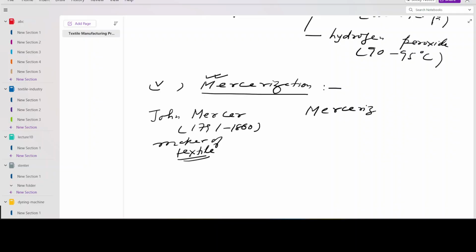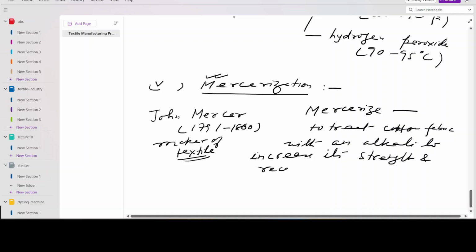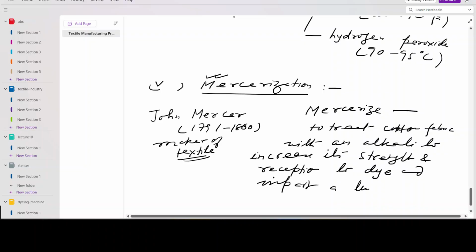Mercerize means to treat cotton fabric with an alkali to increase its strength and reception to dye, means dyeing could be done to a depth, and impart a lustrous silky appearance.